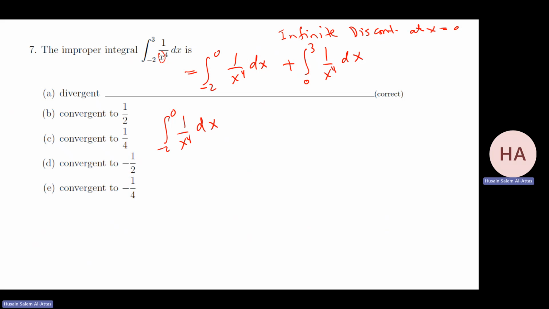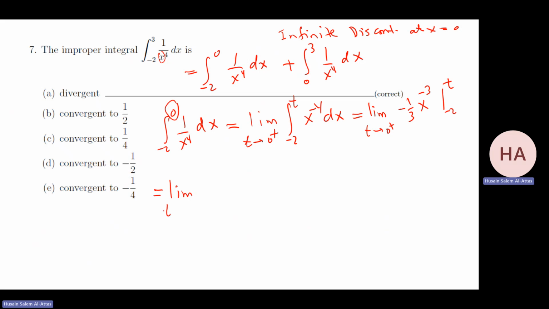I want to check this integral. That will be what? Yeah, limit, my problem with the 0. Limit t goes to 0 from right, minus 2 to t, x to the power minus 4 dx.